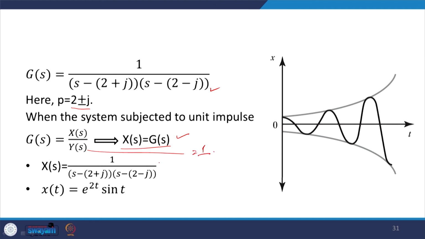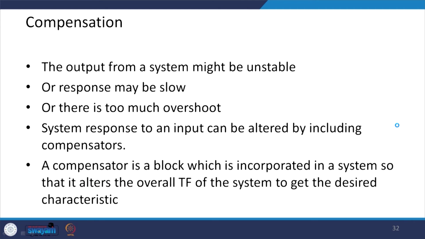If I take the inverse Laplace of this, I am going to get the response. Here you can see that we have an exponentially increasing term, and this is enveloping the sinusoidal function. So, that makes the system unstable.